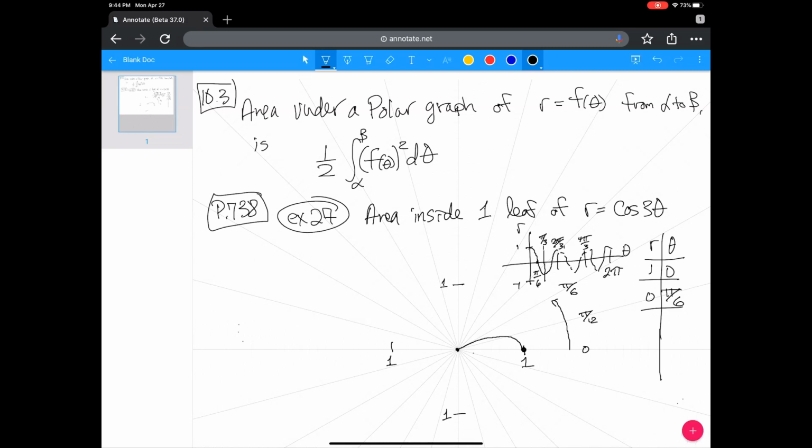Then when I go from pi over 6 to pi over 3, the value drops from 0 down to -1. So it's negative that whole time. During that time, R is negative, and I'm backing up. As I go from pi over 6 up to pi over 3, the function is backing from the first quadrant down into the third quadrant.